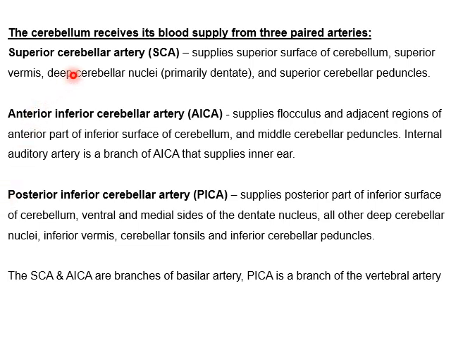It receives blood supply from two arteries: the superior cerebellar artery and the posterior inferior cerebellar artery. They both supply the dentate nucleus. The posterior inferior cerebellar artery also supplies all the other deep cerebellar nuclei, in addition to the inferior vermis, cerebellar tonsils, and the inferior cerebellar peduncles.